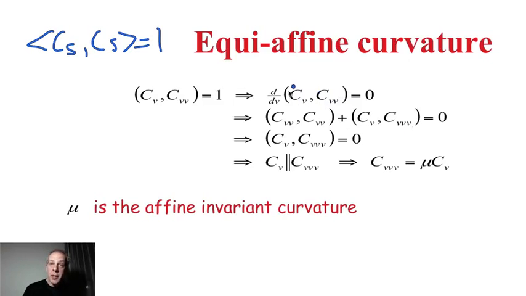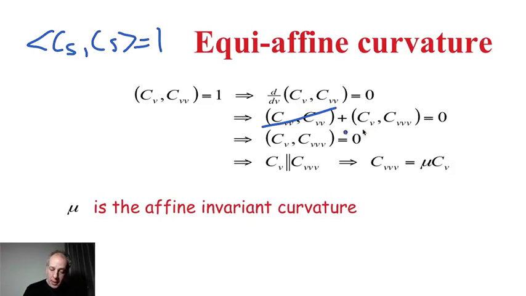The derivative of the determinant of these two vectors, C_v and C_vv, is the determinant of the derivative of the first, and we keep the second, plus the derivative of the second, and we keep the first. Now, if we have a determinant with two identical columns, that's 0. So this basically is 0. That's a very basic property of linear algebra.